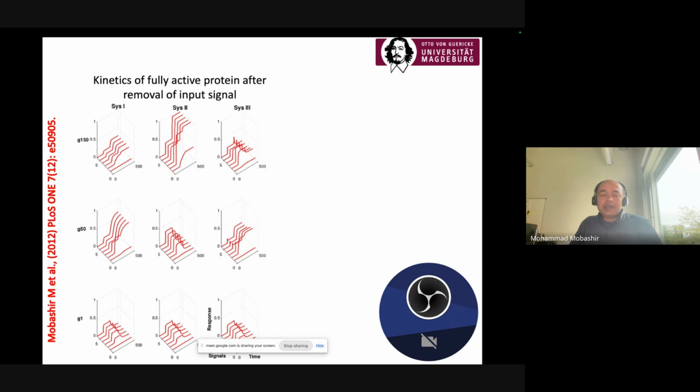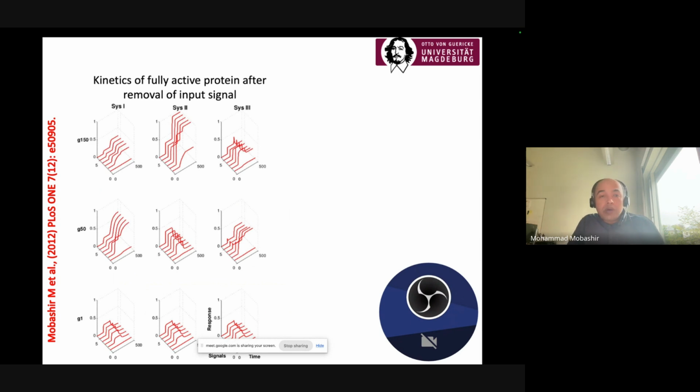Then, just after the removal of the input signal, in most of the networks it tries to go back to zero. That means the peak is trying to end. When you remove the input signal, there is no more output response at all.